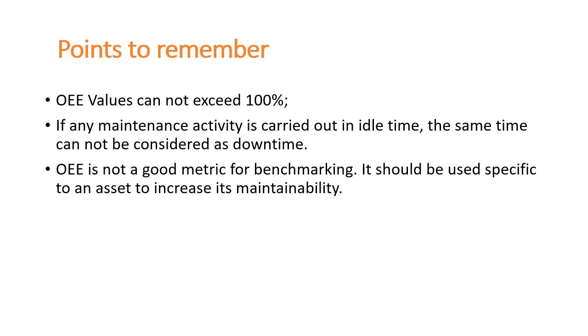I have attached one Excel sheet where you can just input the values of different scenarios. You can put the values of the idle time, the downtime values, and the actual production rate.